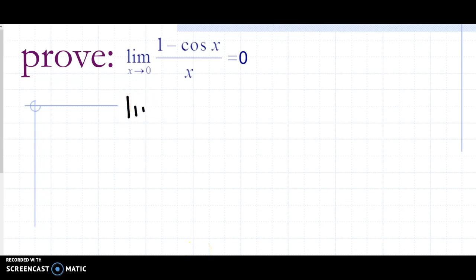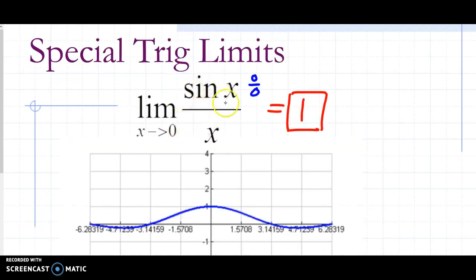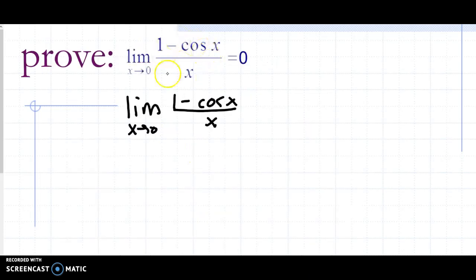Let me rewrite this limit: the limit as x approaches 0 of 1 minus cosine of x all over x. Now, since we just talked about this special trig limit, the limit as x approaches 0 of sine of x over x equals 1, somehow we want to change this and use that known fact.